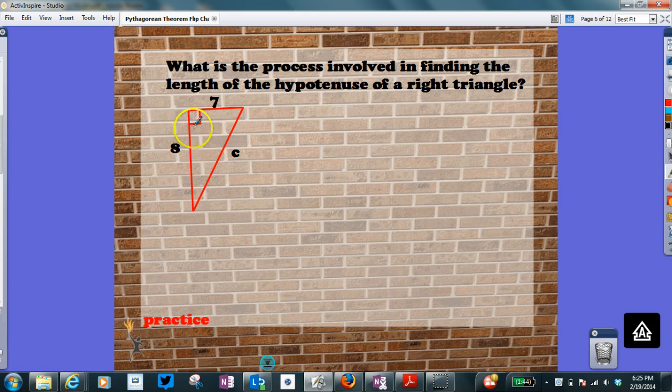So here I've got A and B. Again, I have the two lines that make up the right angle. Even though, if you notice, all the triangles are turned all kinds of different ways, if you see that it's a right angle, it doesn't matter which way it's turned. So I know my legs that make up the right angle. I have 7 squared plus 8 squared equals C squared. 49 plus 64 gives me 113.